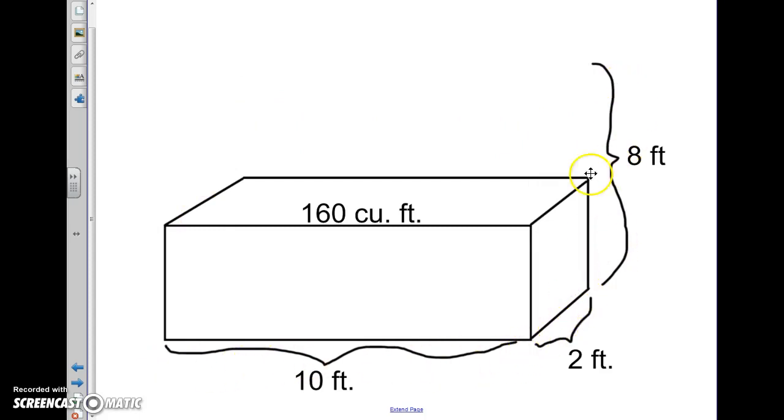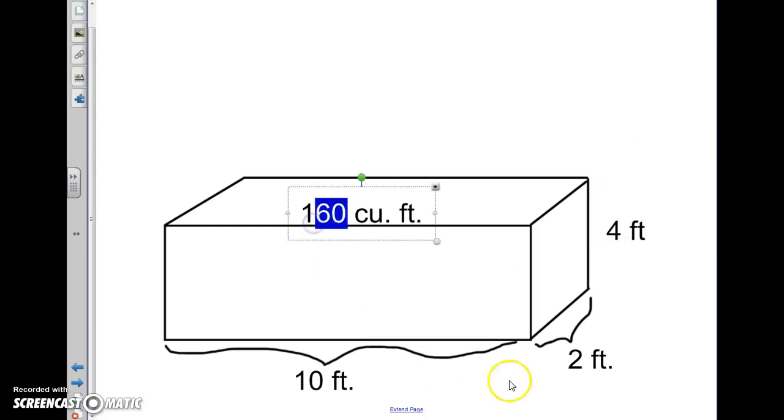It's still going to be 2 feet wide, but now it's only going to be half of 8 feet, which is 4 feet tall. Okay? And we can check this to see if this is right. 4 times 2 is 8. 8 times 10 is 80. And 80 is half of 160.